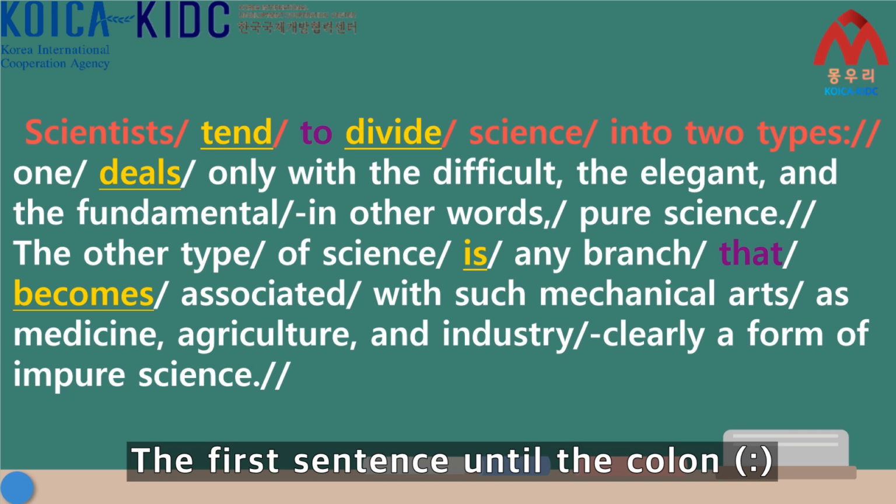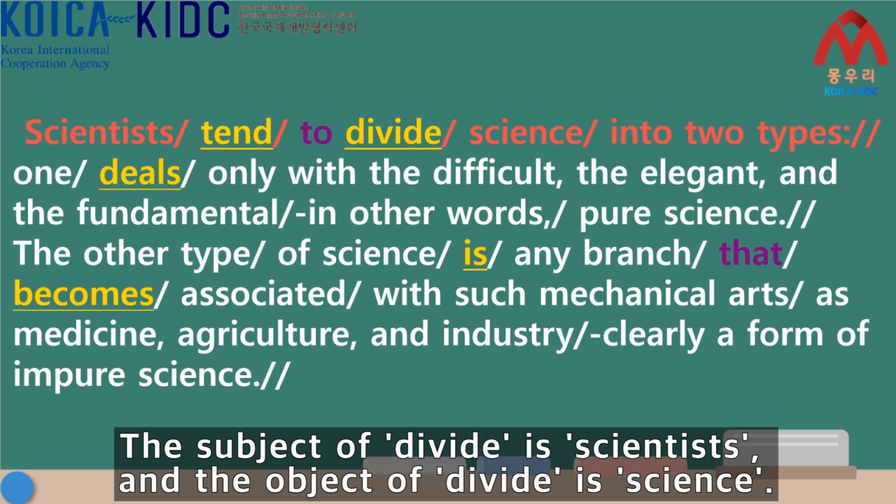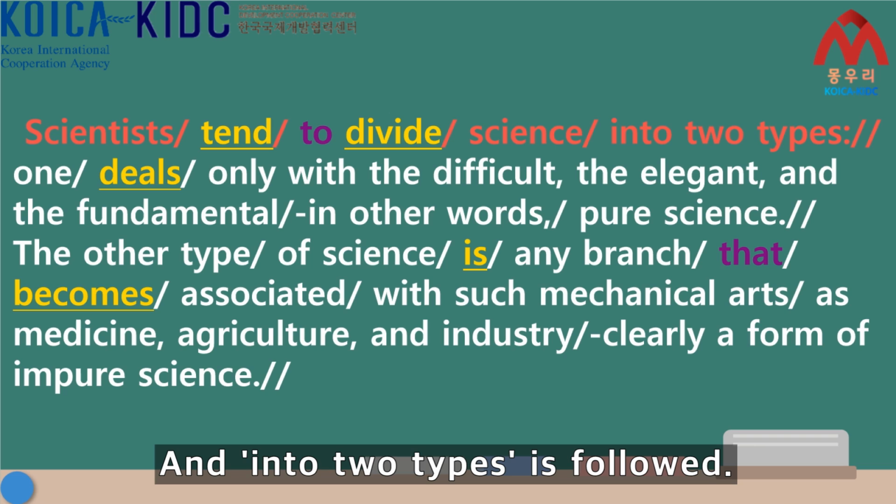The first sentence until the colon, scientists tend to divide science into two types. The verb is tend to divide. The subject of divide is scientists, and the object of divide is science. And into two types is followed.